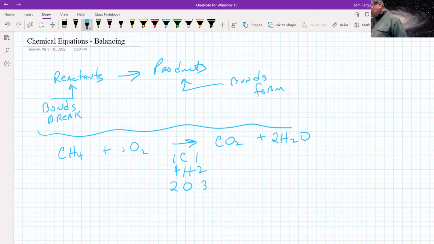So that changes our hydrogens to 4, because 2 times 2 is 4. But it also changes our oxygens. Now we have 2 oxygens and 2, so we have 4 oxygens. Now on the O2 side, what can we put in front of the O2 to make it 4? 2. Now it's balanced.